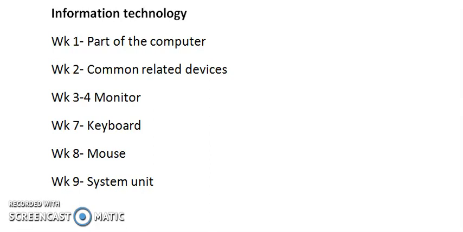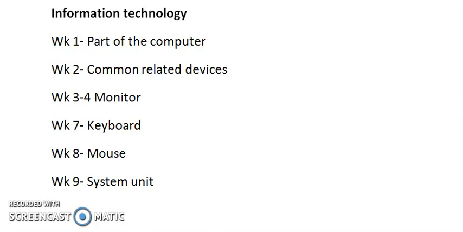Then we went on to do common related IT devices. These are devices that function like a computer. They are not a computer, but they perform functions that look like a computer.